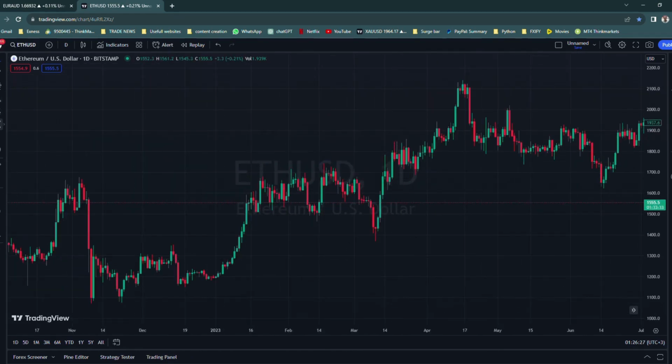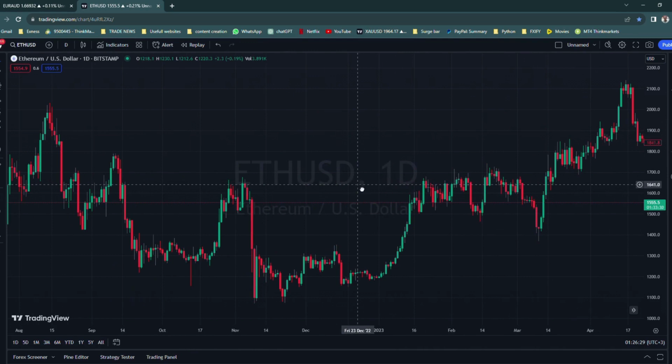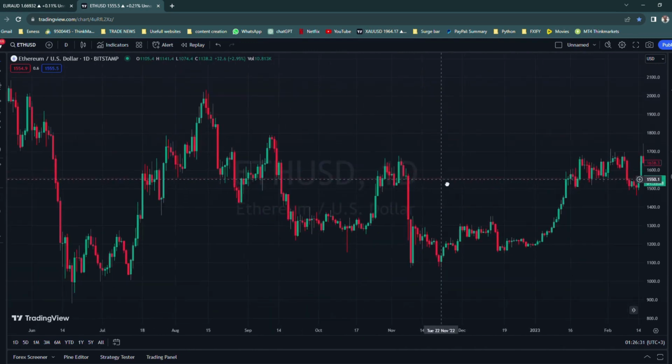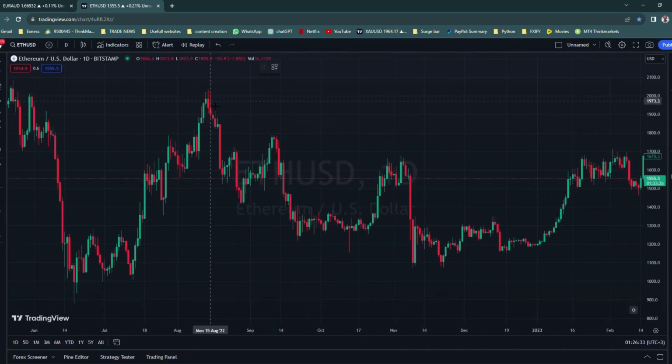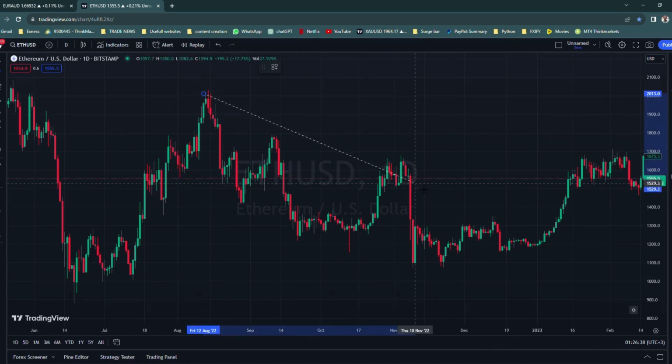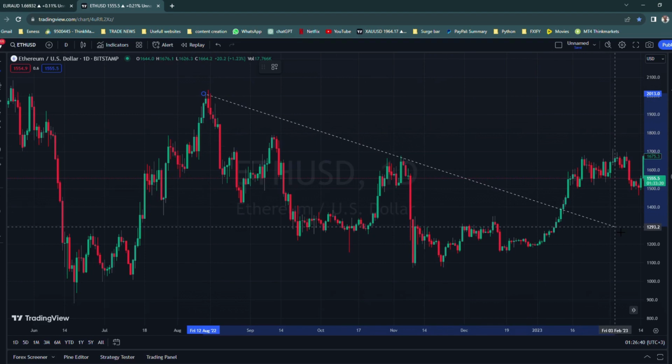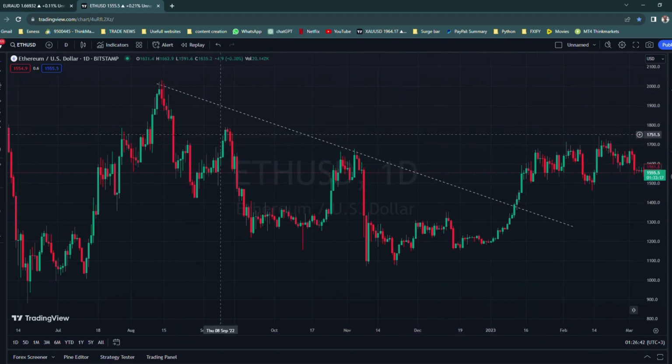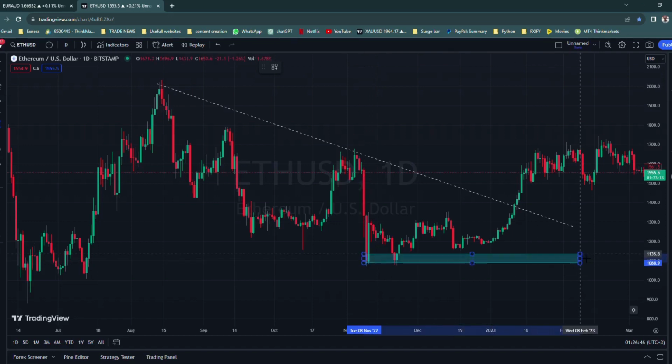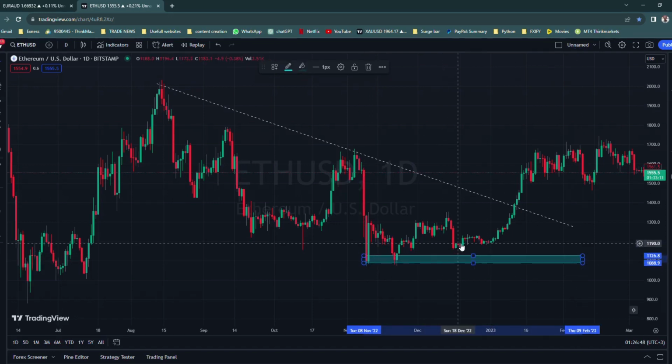Let's do some analysis so that at least you can understand what we are talking about here. We can look at a declining price from August of 2022 to the beginning of the year 2023. We can see double lows, equal lows being created in the market, and the market respects this zone at the close of the year.